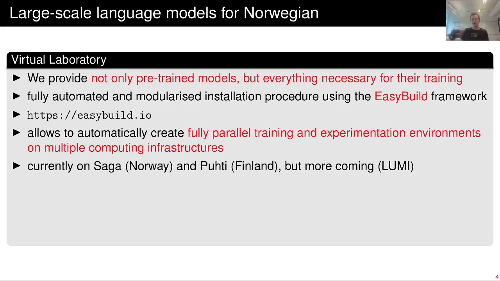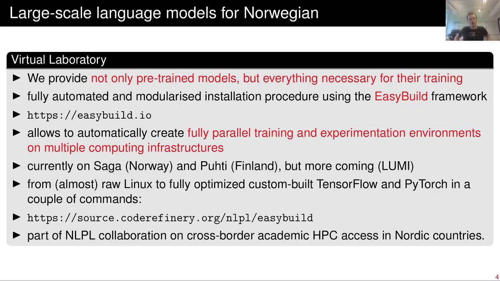Currently we have made available these environments on the Saga supercomputer cluster in Norway and on the Puhti supercomputer cluster in Finland. But we are also expecting the European LUMI supercomputing cluster to come into usage at the end of this year, to make our virtual laboratory available on LUMI as well.